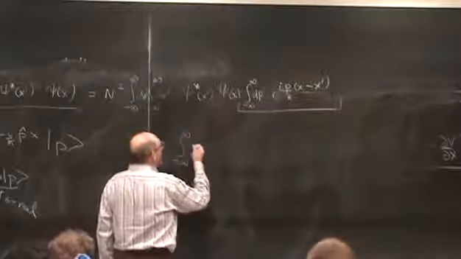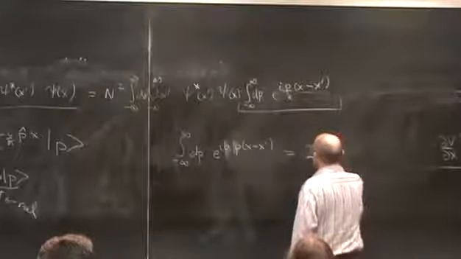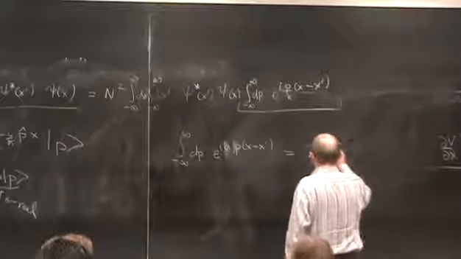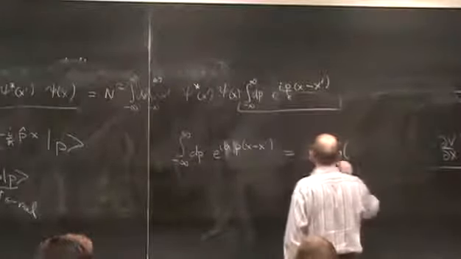It's got some factors in it. This is equal to 2 pi times the delta function evaluated.